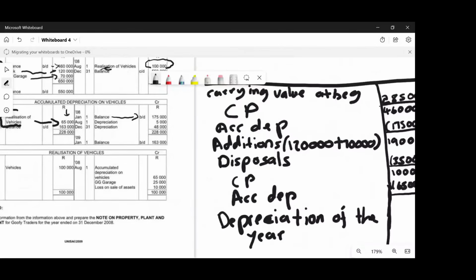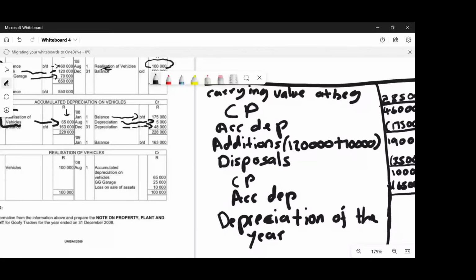It was already calculated for you. There was nothing much that you had to do, but to see which amount is going where. So you got depreciation, you open a bracket, you show where you got those amounts. You say 5,000 plus 48,000.